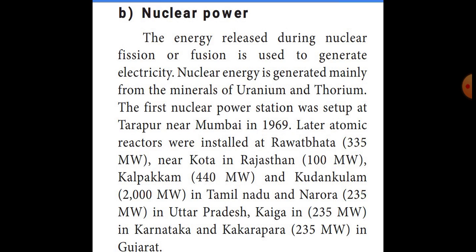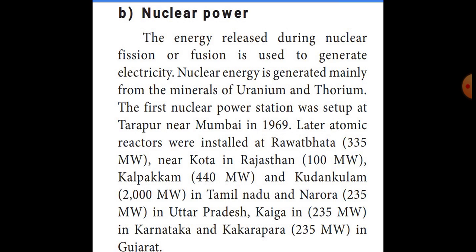In which place was it set up? Very good. It was set up in Tarapur, near Mumbai. Then later the atomic reactors were installed at Rawatbhata, near Kota in Rajasthan.